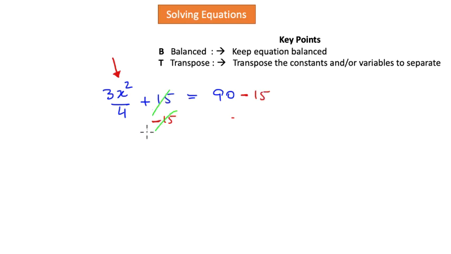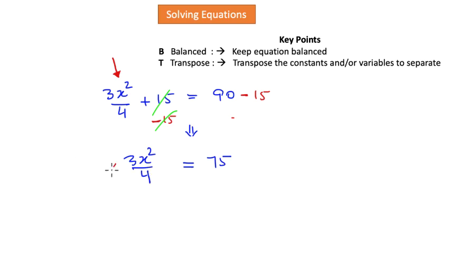On the left, these two will cancel, and this gives me my new equation: 3x squared on the left hand side divided by 4. There is no more 15 here, correct? And then there is an equal sign, and 90 minus 15 is equal to 75. Okay, now you see that we still have this 3 divided by 4 on the left hand side, correct?